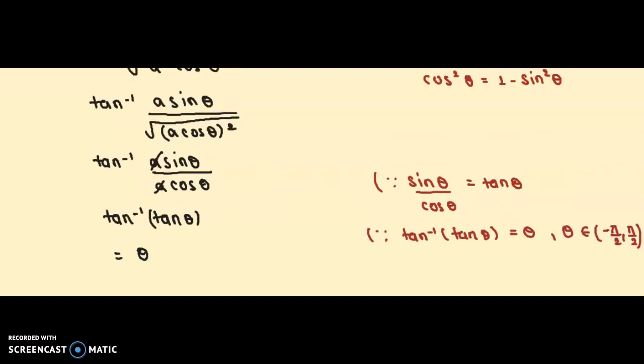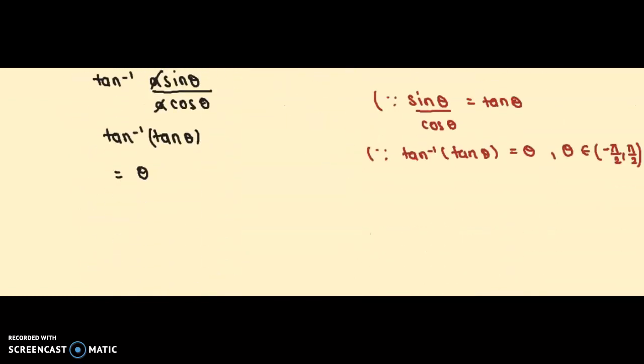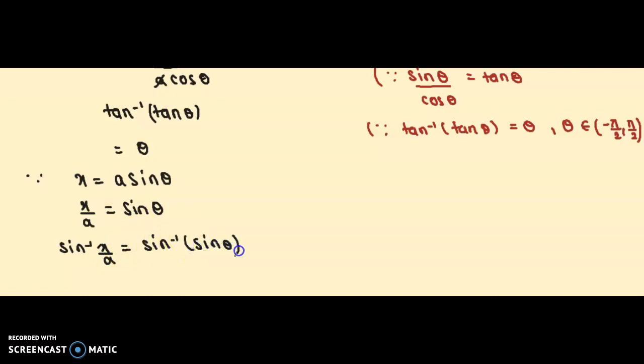Now we had substituted x equal to a sine theta, so from here x upon a is equal to sine theta. If I take sine inverse on both sides, sine inverse of x upon a is equal to sine inverse sine theta. There is another formula: sine inverse sine theta is equal to theta.